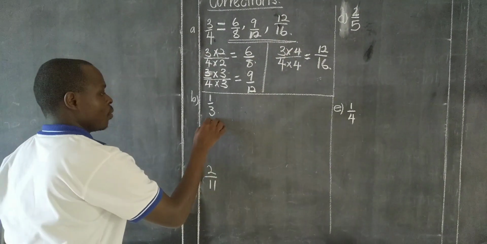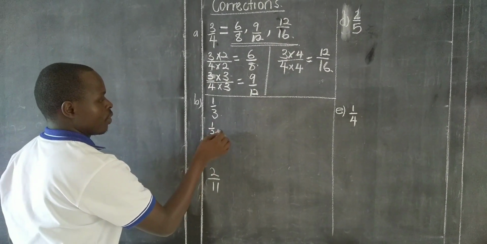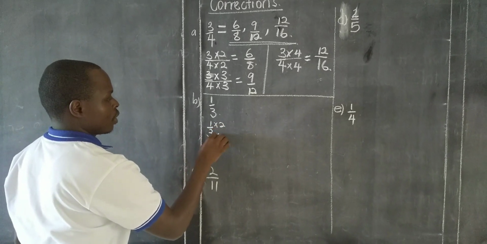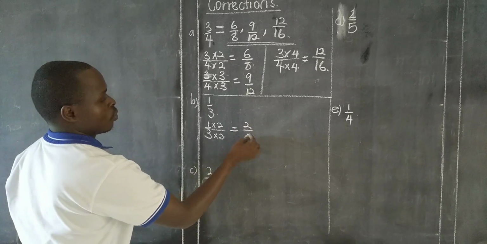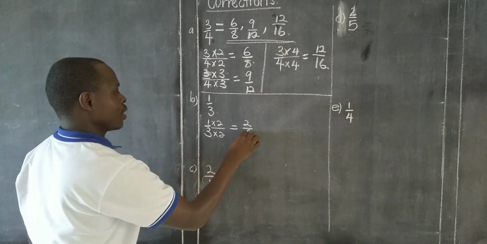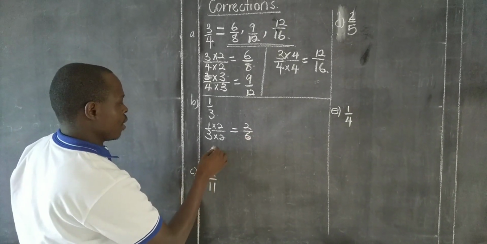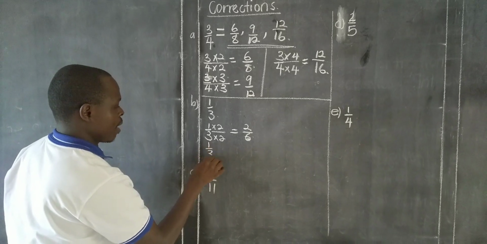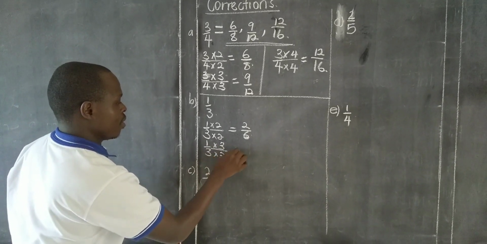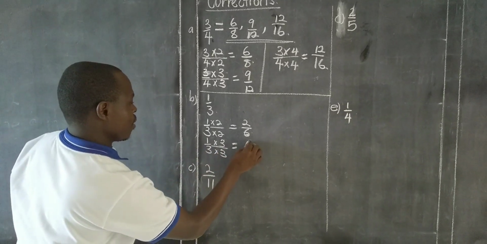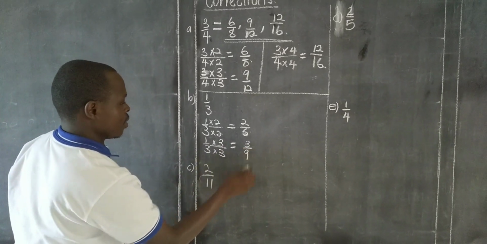The third will be 1 out of 3 times 2. This will give us 2 out of 6. And then multiply through by 3. This will give us 3 out of 9.